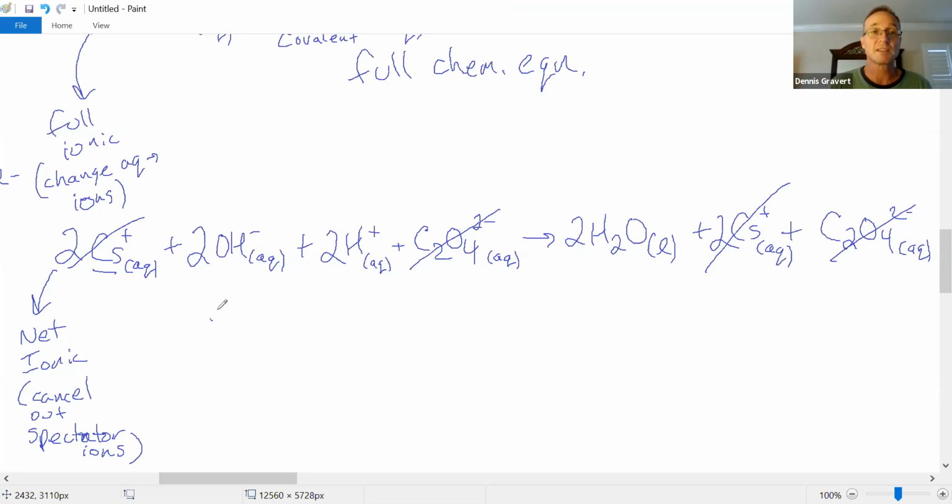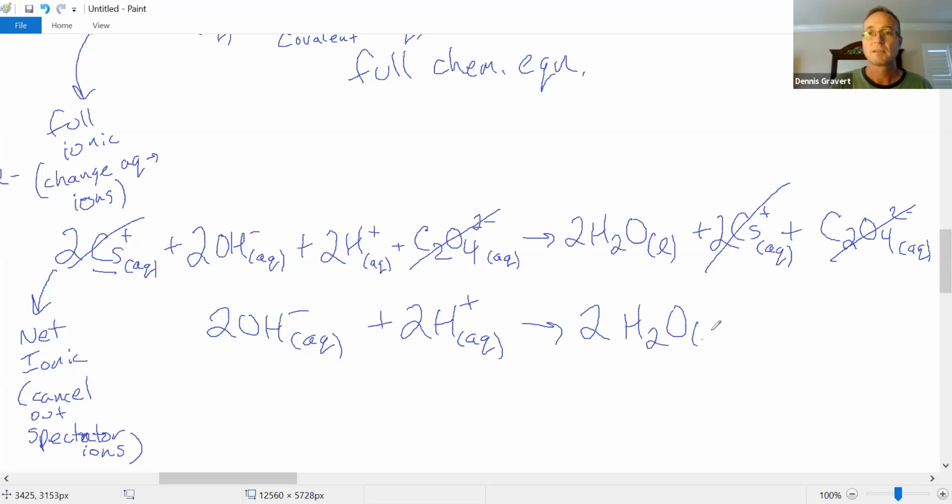Cool. So then write what's left over. 2 OH minus. You've got 2 H pluses, right? They survived. They didn't cancel out. And then over here is just 2 waters. Okay, if you leave this, I will take off like half a point because it's fundamentally correct.